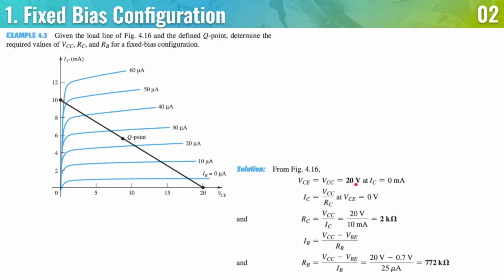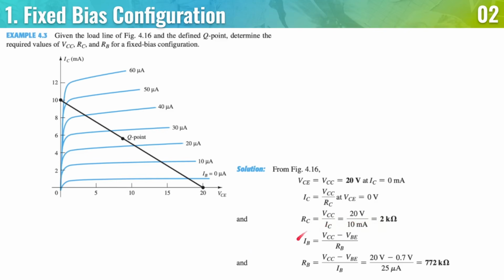That's where we got VCE is equal to VCC is equal to 20. Solving for IC, we have VCC over RC. This is the saturation current. Since we are required to look for RC and not IC, we must swap places. So RC is equal to VCC over IC. 20 volts over 10 milliamps is equal to 2 kilo ohms. So this is our RC.